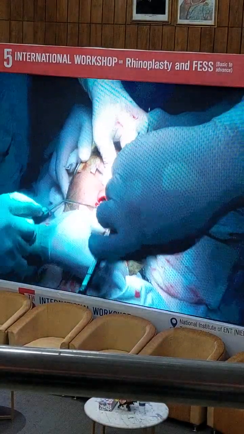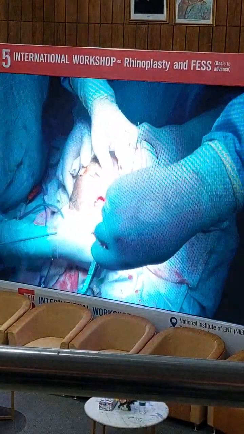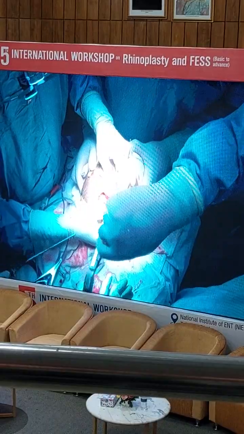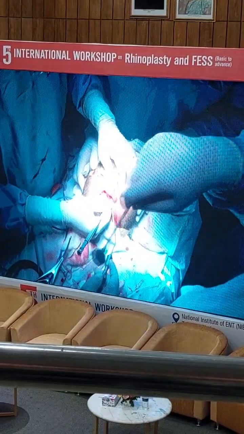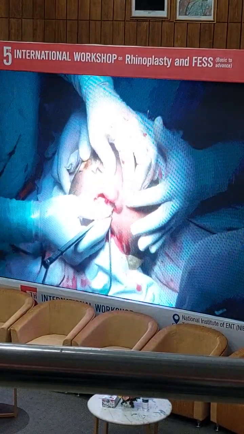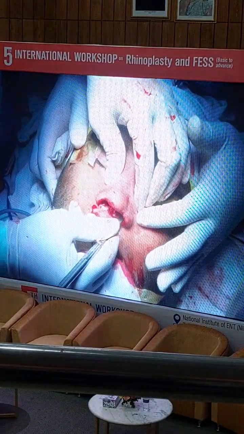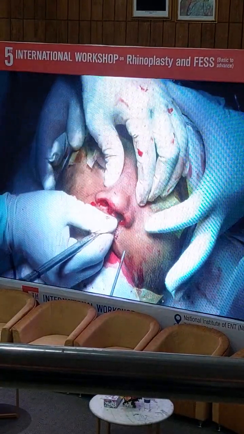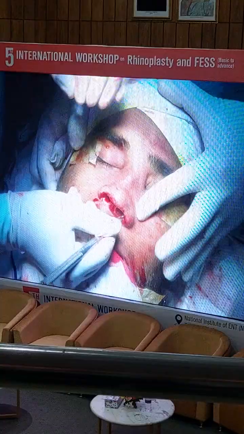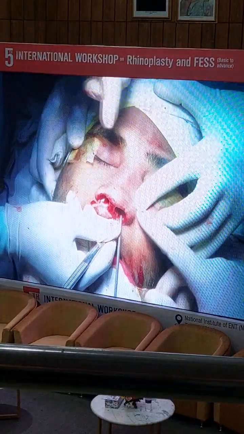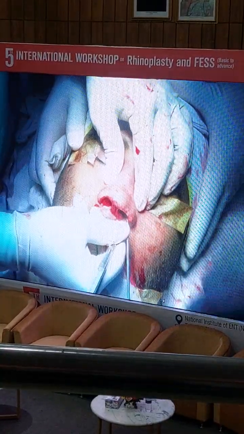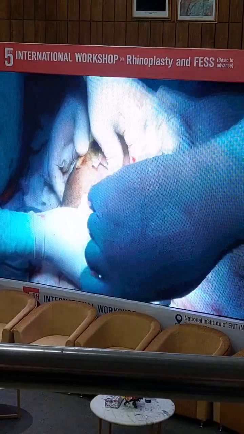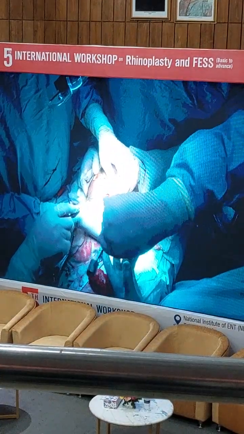Tap, tap. And throughout, by your index finger and thumb, you realize where you are working. So I'm almost on the mid part. Okay? Then tap, tap.